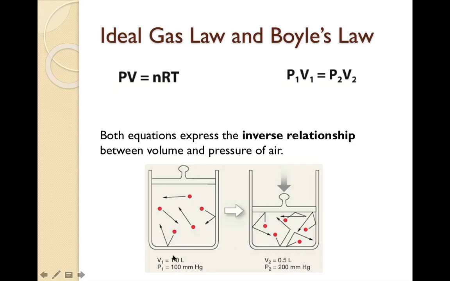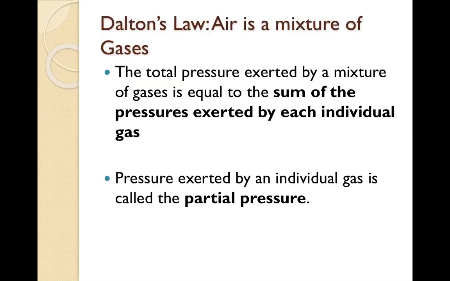But notice that if you take the product of both of these values, 1 times 100 is 100, 0.5 times 200 is 100. The product of the volume times the pressure is equal. And that is told to us by Boyle's law, that we should get the exact same value. But the big thing to know is that there is an inverse relationship between volume and pressure when we talk about gases.